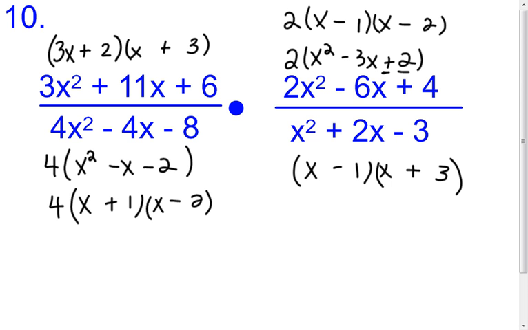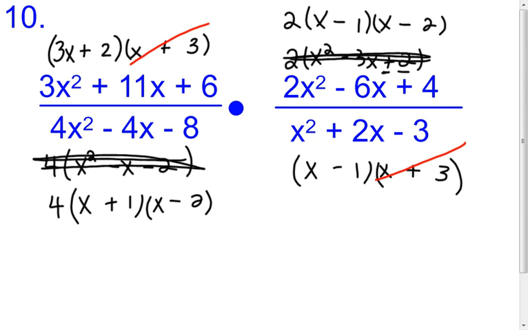All right. Now, here we go. We are going to reduce, and I am going to cross this out so this isn't confusing me, and I'm going to cross this out so that's not confusing me. Okay? All right. Now, I have an x plus 3 here that can cancel out with an x plus 3 here. I have an x minus 1 that can cancel with an x minus 1.